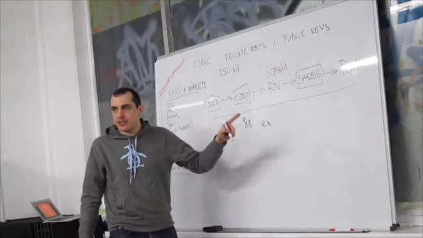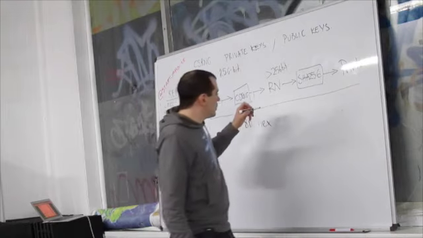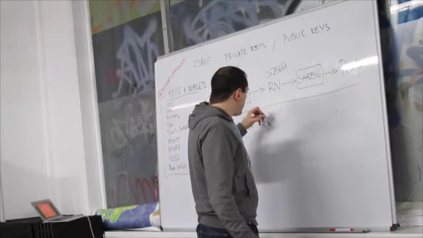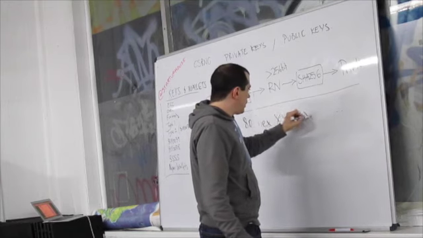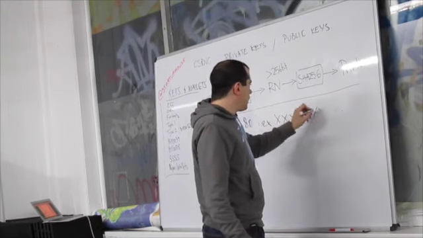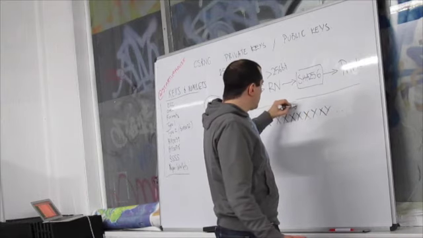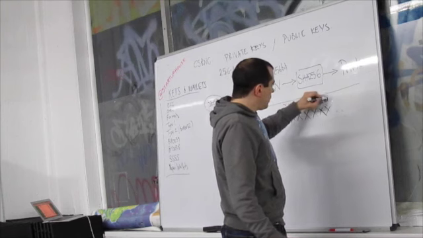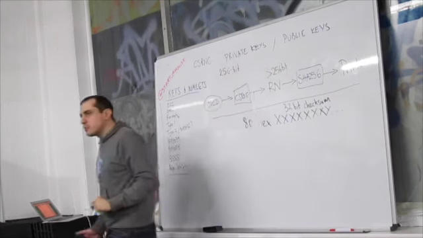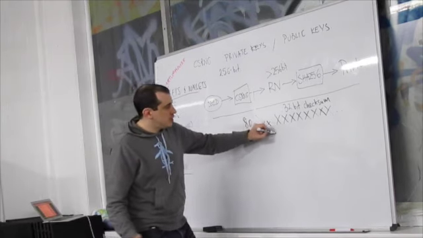And then you add to the end 32 bits, which is a 32-bit checksum. This is produced by double hashing this part.